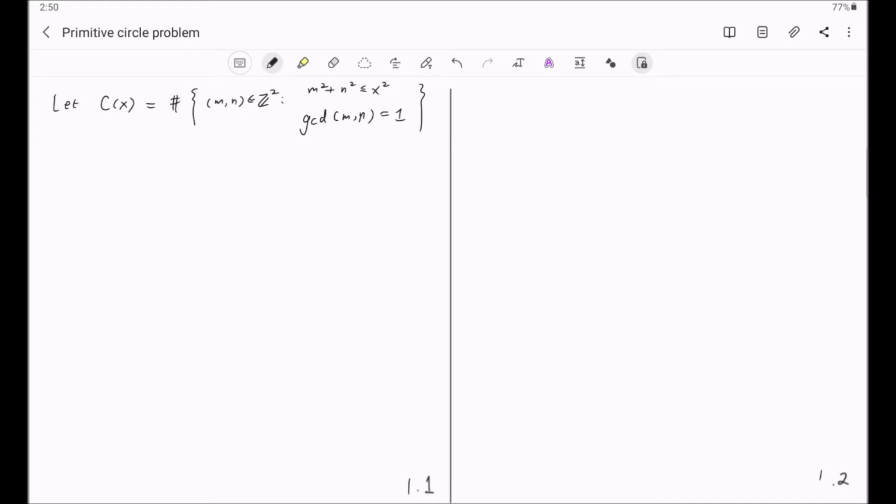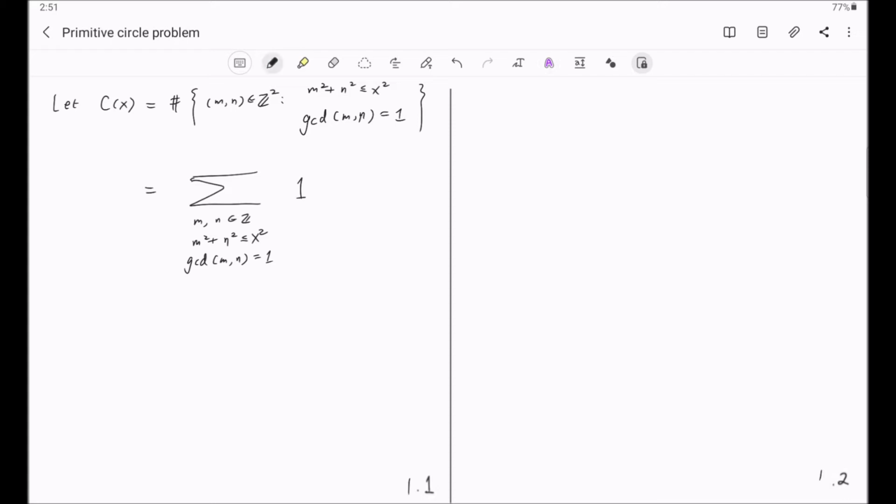Analytically, we can also write this in another way, as a sum of ones over the domain where m, n are integers, m squared plus n squared less than or equal to x squared, and GCD equal to 1, which would be easier for us to estimate.